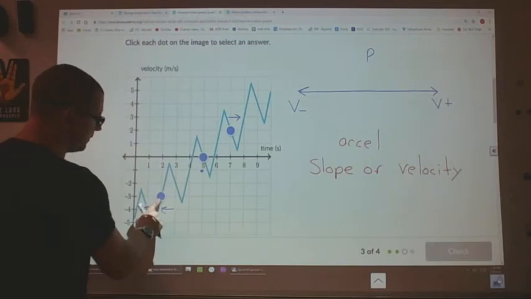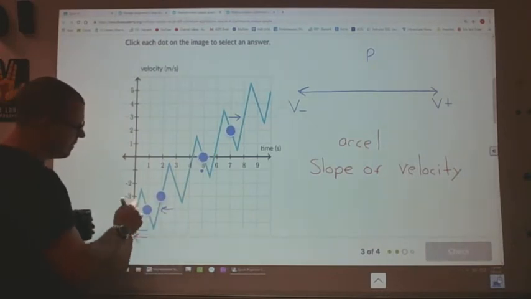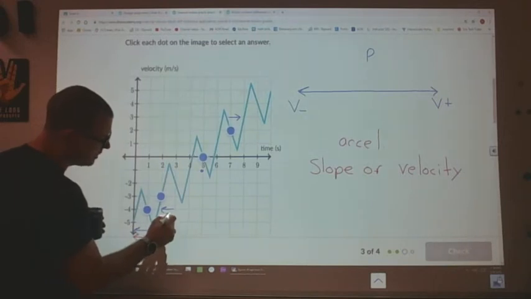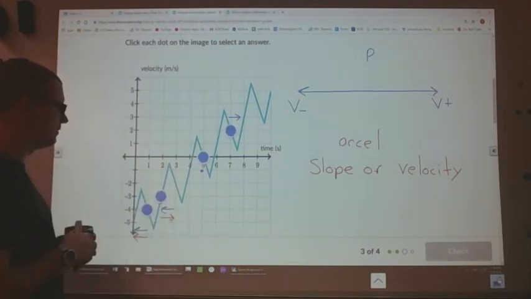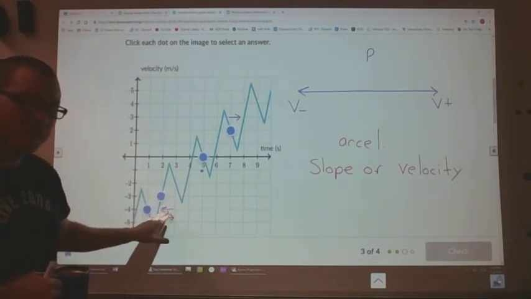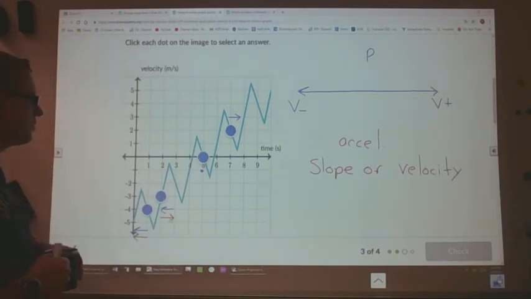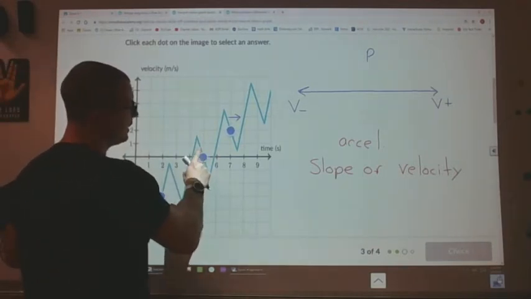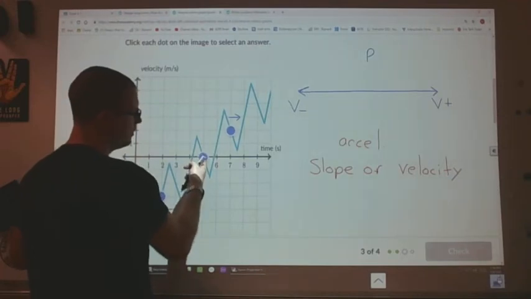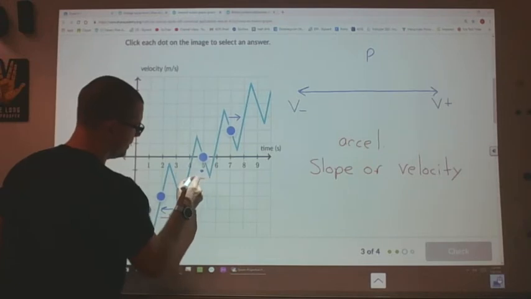But if we look here, the velocity is to the left, but our acceleration is positive. The slope is positive. So at this dot, we're going to have it slowing down. The acceleration is in the opposite direction of travel, so you're slowing down. Here, the velocity is 0, and our slope is negative.